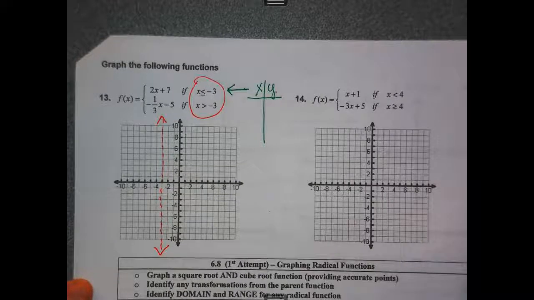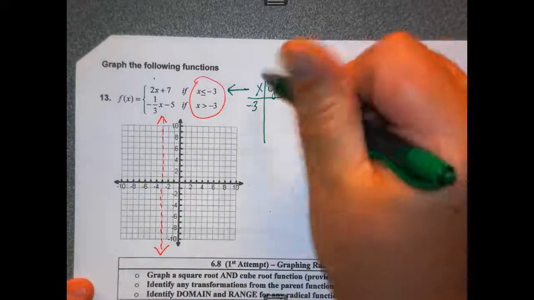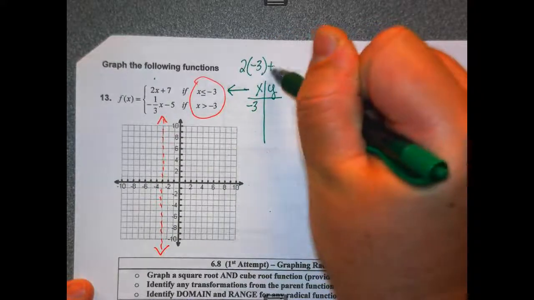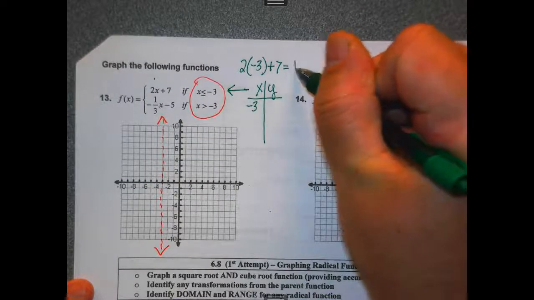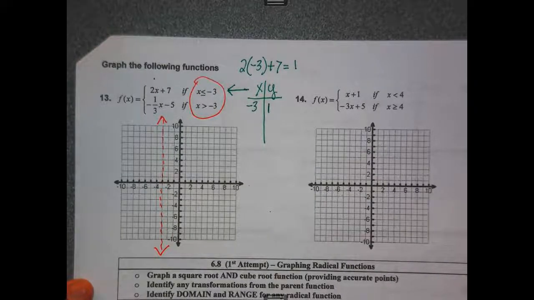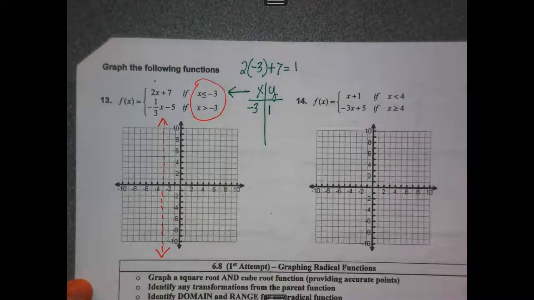Which number do I have to choose for x in number 13? Negative 3. If I plug in negative 3 here, 2 times negative 3 plus 7 is what? How about 1? You with me? I plugged in negative 3 for x.